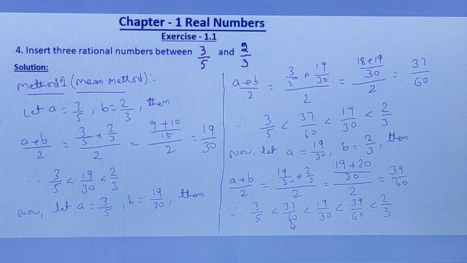So, any three rational numbers between 3 by 5 and 2 by 3 are 37 by 60, 19 by 30 and 39 by 60.